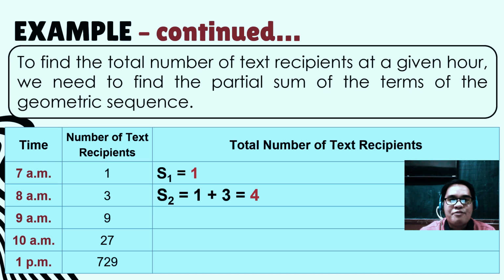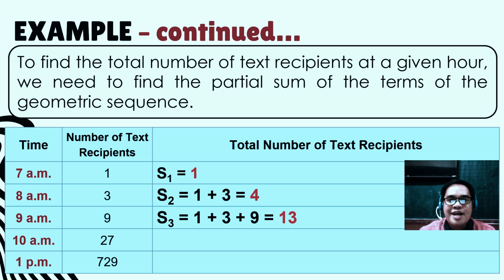For series of 3 terms, or S sub 3, you will get the sum of the first, second, and third terms, and it is 13 text recipients. Those are the examples of getting the series of a particular number of terms.